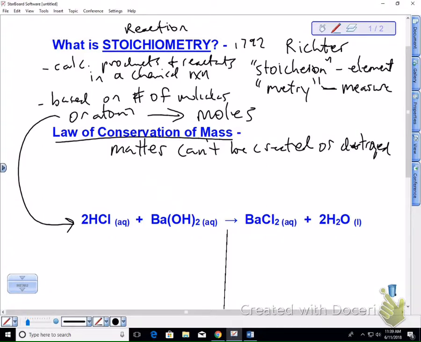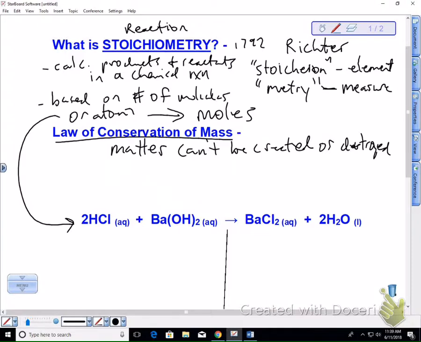And that does not mean that all of your reactants will get converted into products. That can happen. But you could also have a little extra reactant that doesn't get reacted. In the end, you can add up the mass of your products and any extra stuff that you didn't react, and it should equal the mass of what you had at the very beginning.